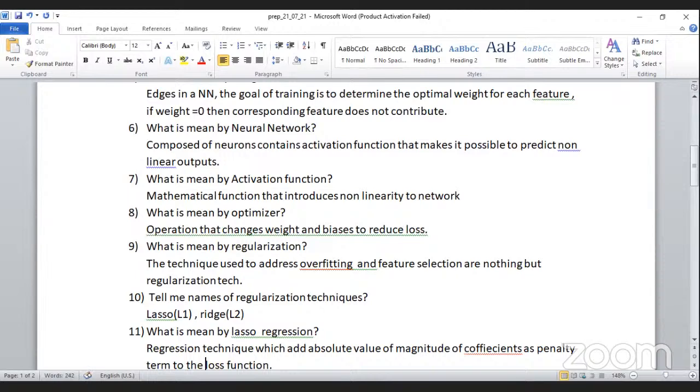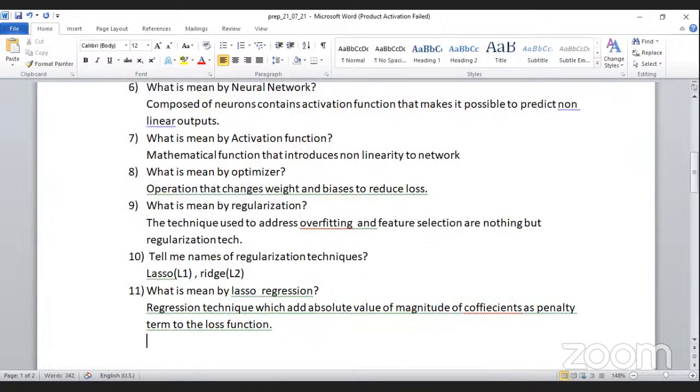So that is nothing but lasso regression. If you see the equation of lasso regression, with that also you are able to understand.